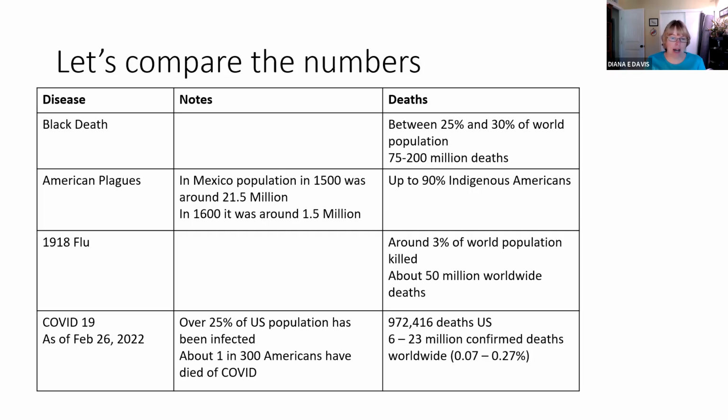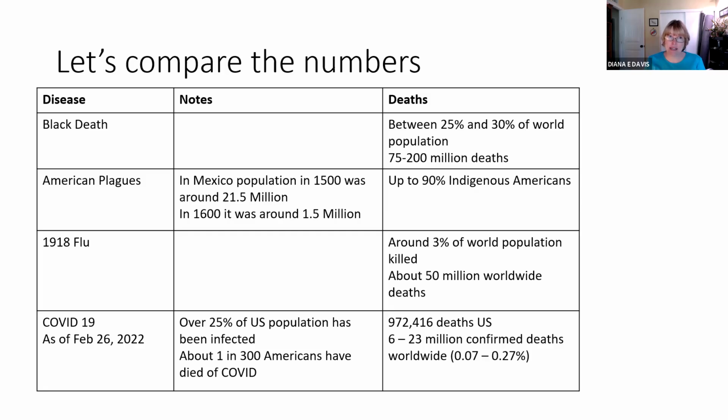I have not updated the COVID numbers on this slide. Apologize for that. We're definitely well past 25% of the population has been infected. And we're at a little more than 1 in every 300 Americans that have died of COVID in the past 3 years. We are definitely somewhere more than 1 million deaths in the US.